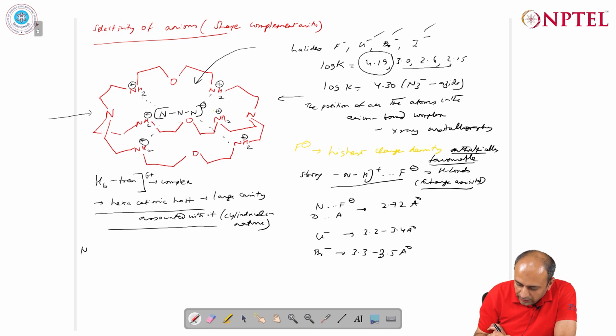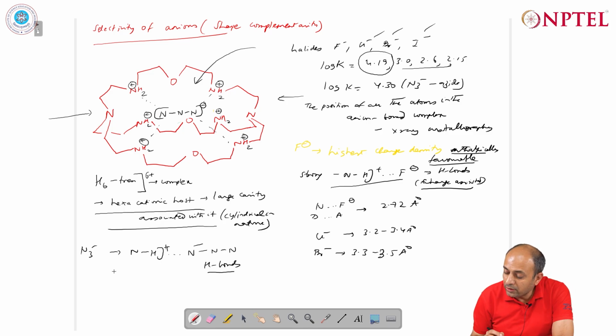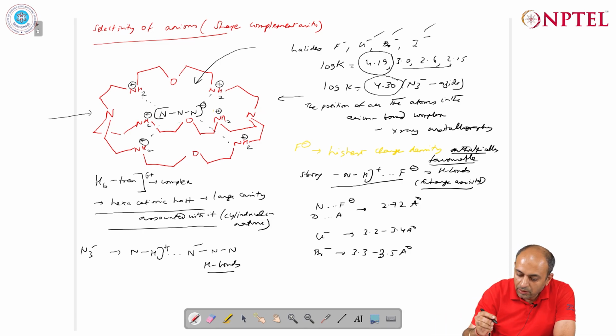So, in the case of azide, there is the formation of NH plus N minus hydrogen bonds. And also the magnitude of the binding constant is highest in case of azide, because it indicates a nice steric fit.